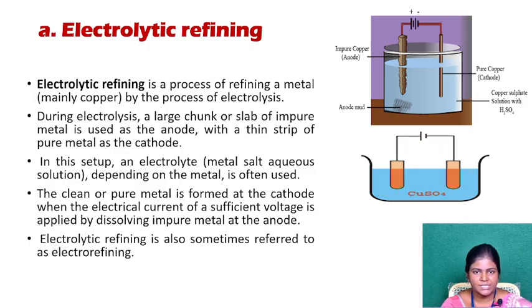So the pure particles will settle at the cathode, and the impure metal at the anode dissolves, so the impurities go and settle down at the anode. At the cathode we get the pure metal. Electrolytic refining is also sometimes referred to as electro refining.